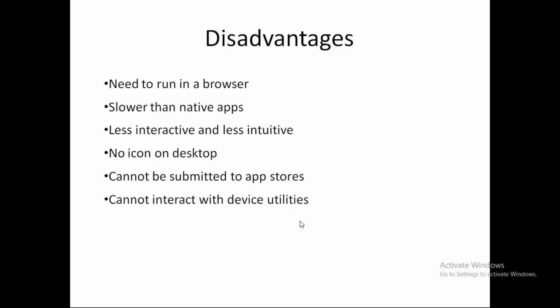The higher response time means performance is slower. So the higher response time will be on the web application, not on the native application. Web applications are slower than native applications.